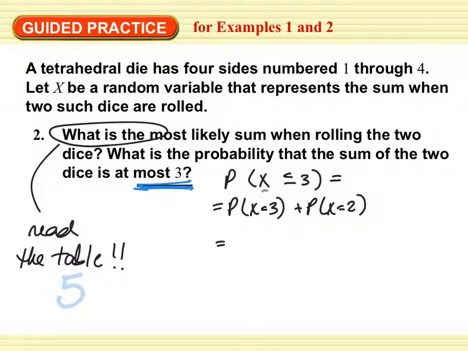That means we want the probability where x is less than or equal to 3. So I'm going to do the probability of x equals 3 plus the probability of x equals 2. Go back to the table. I have 1/8 plus 1/16, which gives me 3/16, which you can put into a decimal if you have your calculator handy.